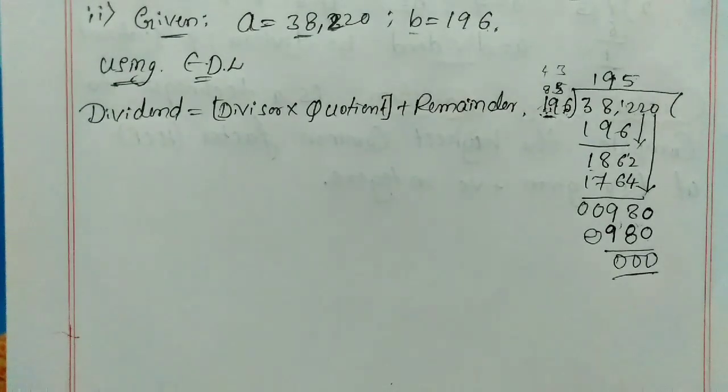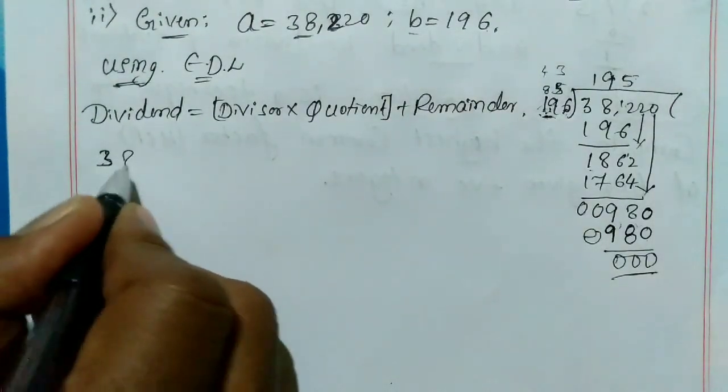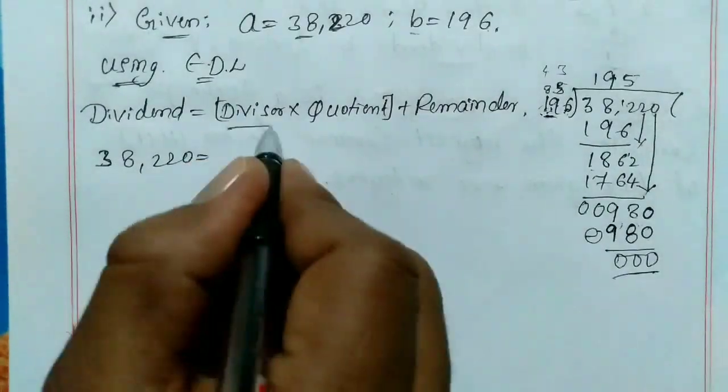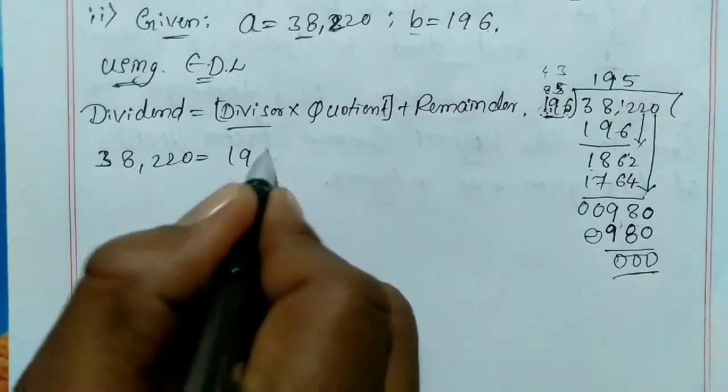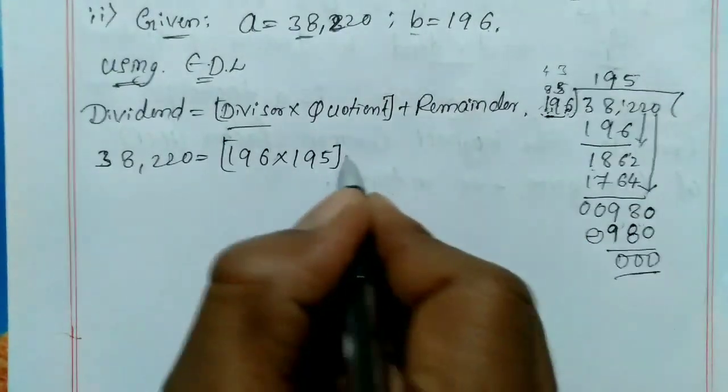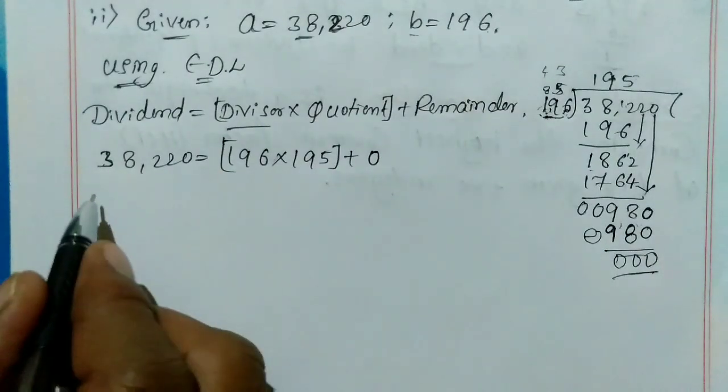So therefore you can write here 38,220 is equal to divisor 196 into quotient 195 plus remainder 0.